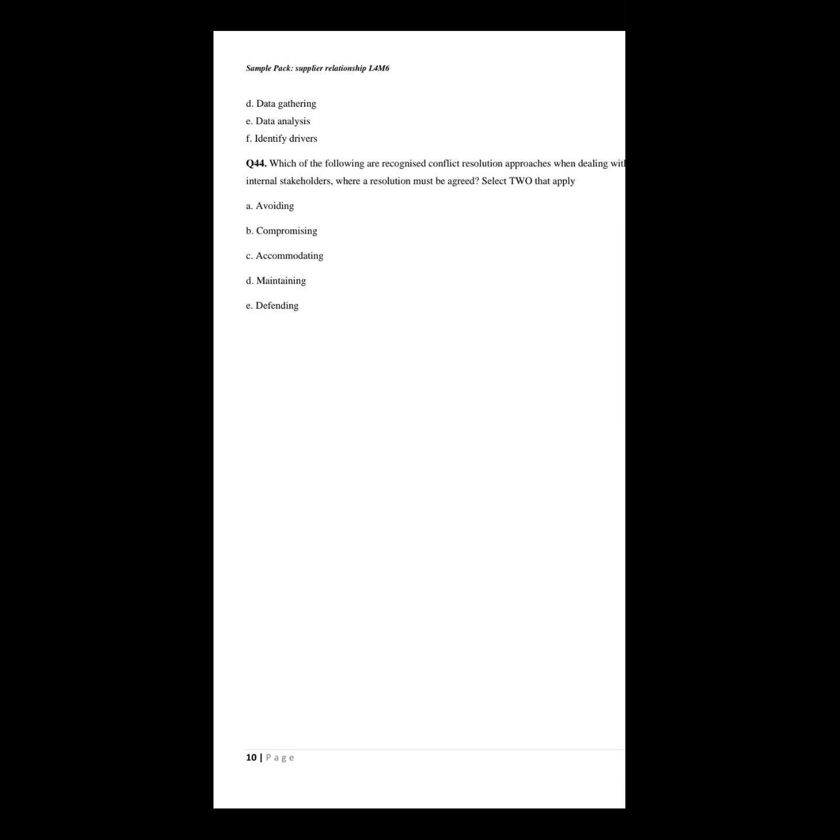We want to understand why they are incurring the cost they are incurring. I mentioned that we cannot do this with just any supplier, but with suppliers with whom we have a very good relationship. They will be willing to give you that information.